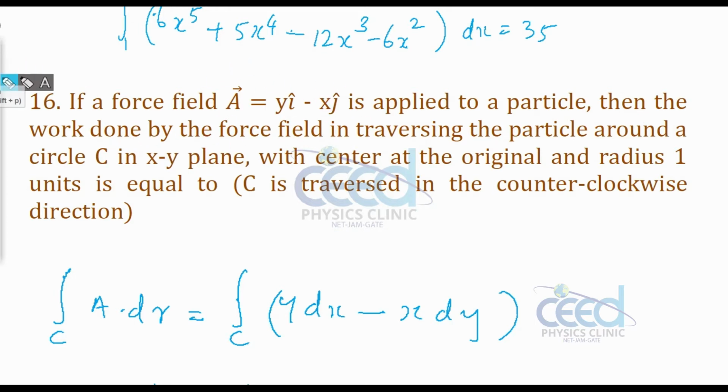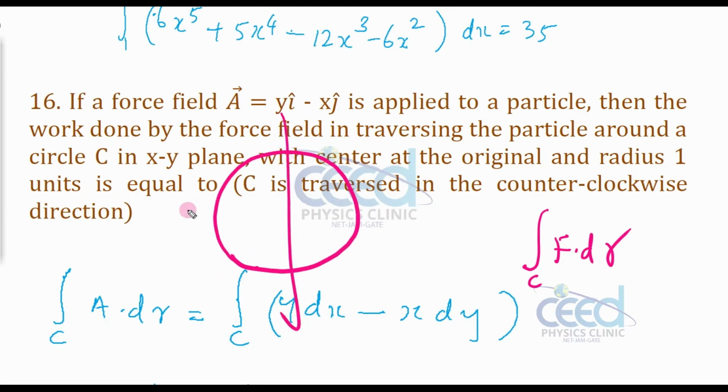Actually we want to find the integral of F dot dr, but the particle is along a circular path, so F dot dr along a circular path. Here A is given, that is how we can represent the position vector.